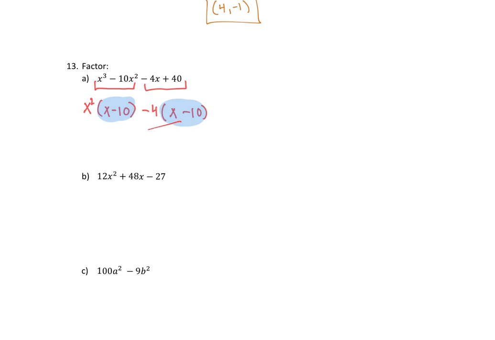So I'm going to pull the x minus 10 out. And that gives me x minus 10 times x squared minus 4. Okay, so then the last thing I need to do is just factor this x squared minus 4. That becomes x plus 2, x minus 2.